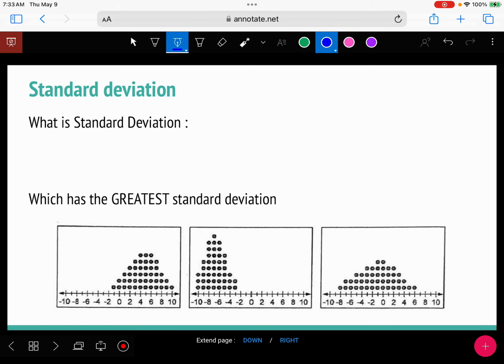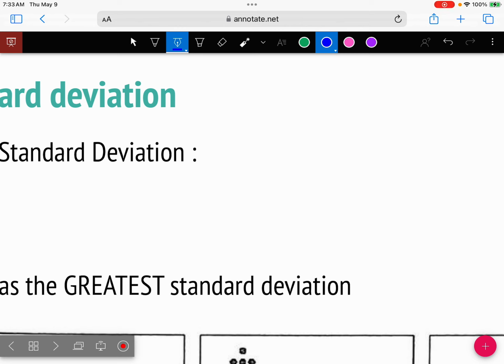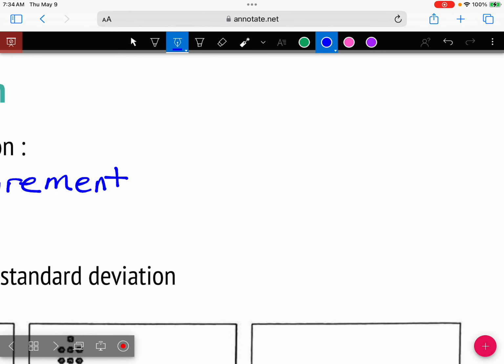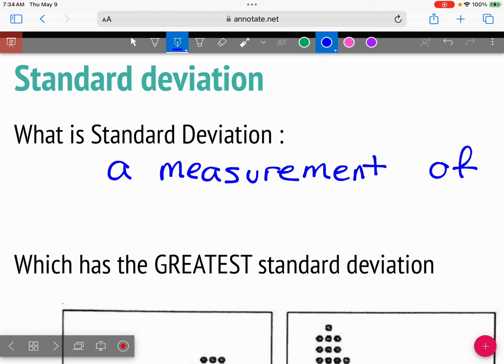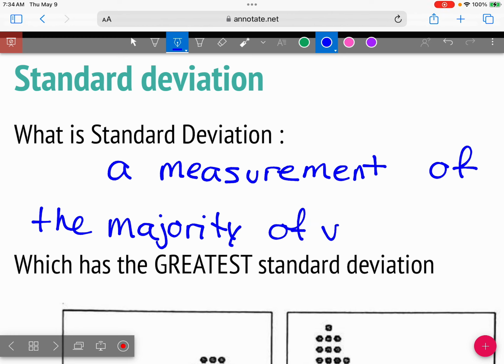Standard deviation is a measurement of width of the majority of values from the mean.